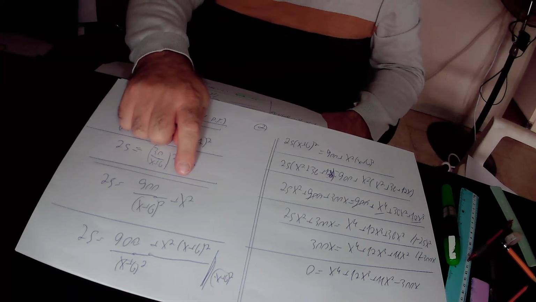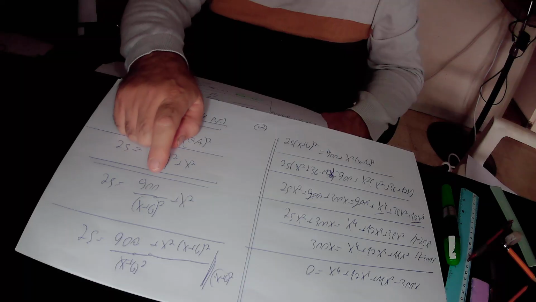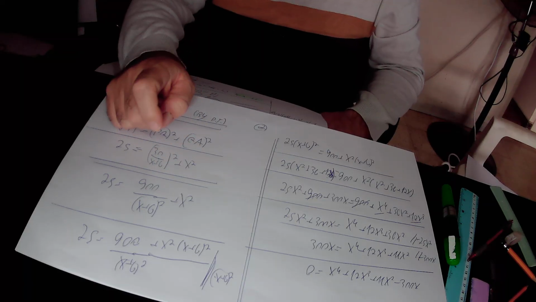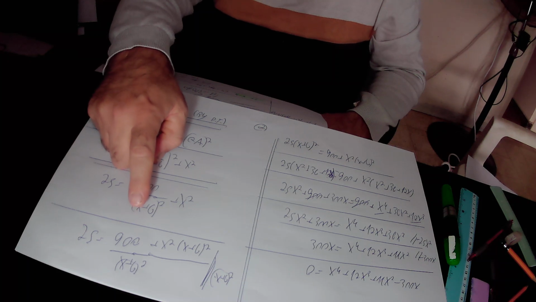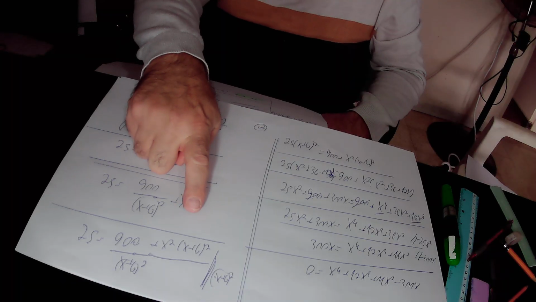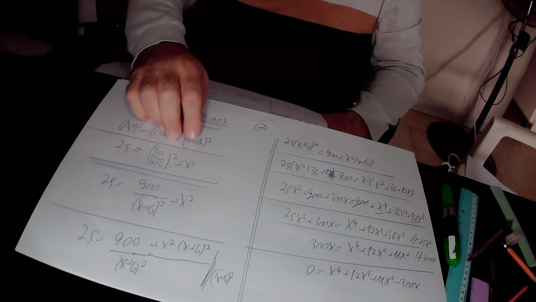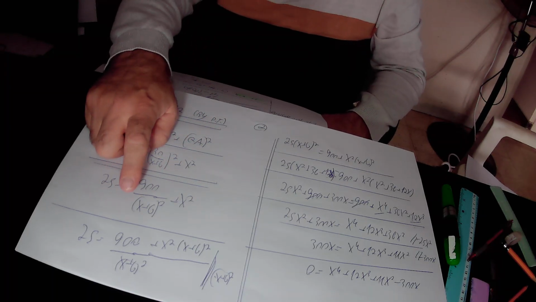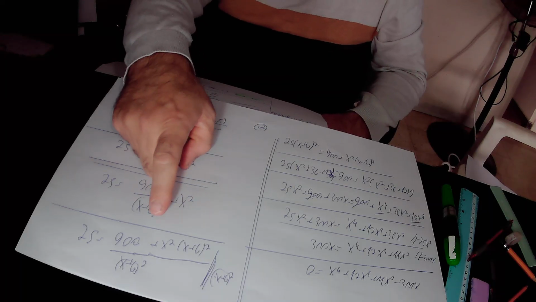Here we multiplied x squared by (x plus 6) squared, and then we divided by (x plus 6) squared in order to have a common factor of this expression, so we change nothing. So in total we found out that 25 equals (900 plus x squared times (x plus 6) squared) over (x plus 6) squared.